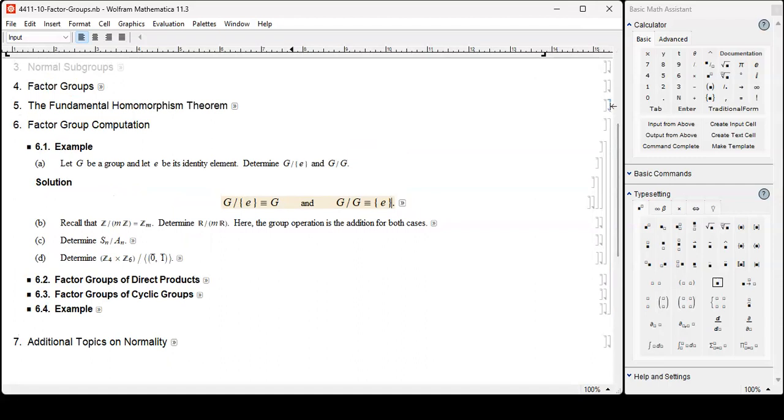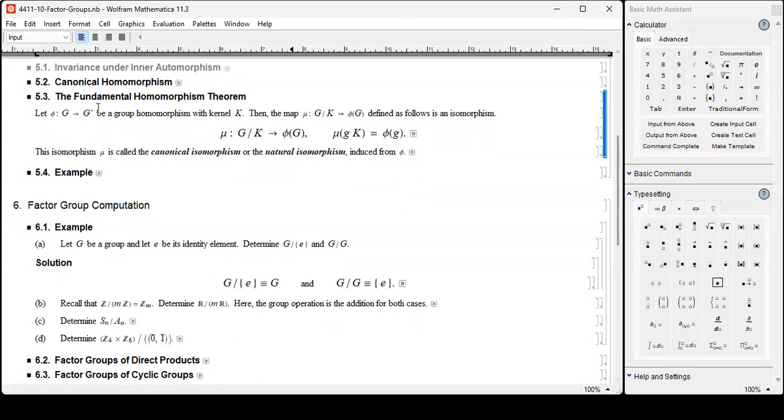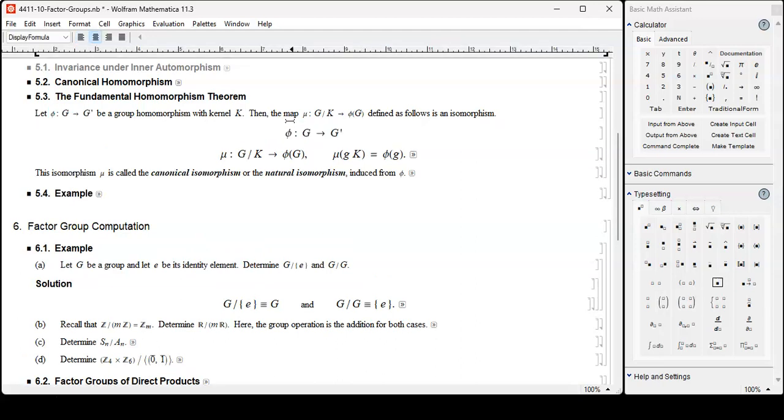Well, the tool we can use is right here, the fundamental homomorphism theorem. Let's begin with the homomorphism here, but as a matter of fact, it's going to be more convenient to consider an epimorphism, because the target G prime can be too big, and all it does is just giving the algebraic operation, and everything takes place in a subgroup phi of G. So let's consider this.